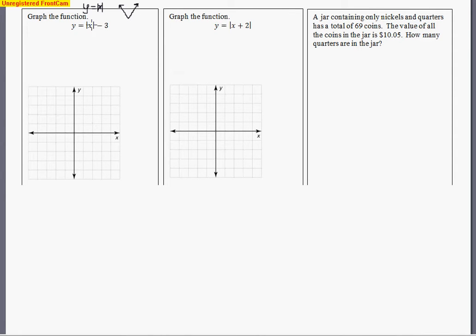So this vertex moves into a different location when we're trying to graph this. And so here I end up going down 3 spaces, because if I put 0 in for x, that's going to cancel out the absolute value sign, so I'm just left with y equals negative 3. So the vertex is going to end up being 0, negative 3.